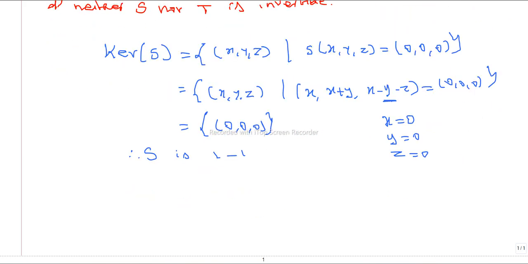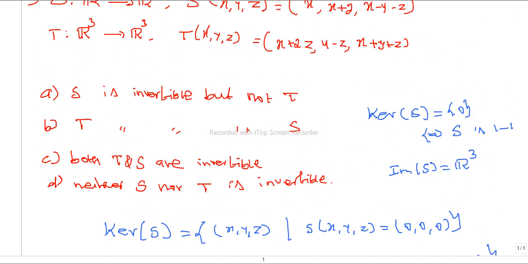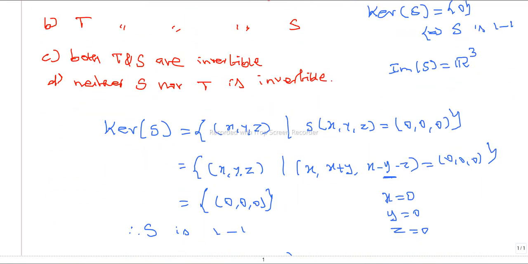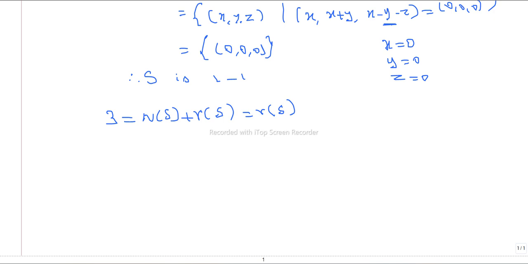By the rank nullity theorem, the dimension of the domain, 3, equals nullity of S plus rank of S. But the null space contains only 0, so the nullity is 0, therefore the rank of S should be 3. Since the image is a subset of the codomain, also R3, whose dimension is 3, the image should be the entire R3, because both have dimension 3.